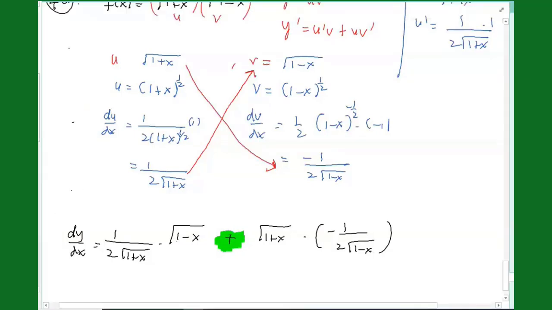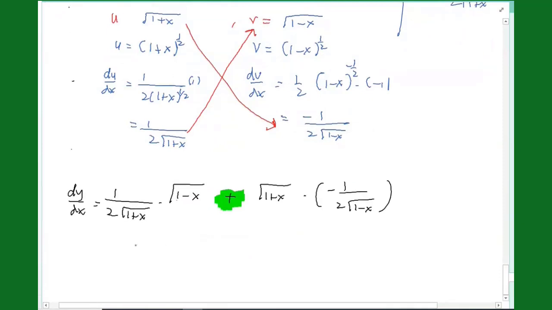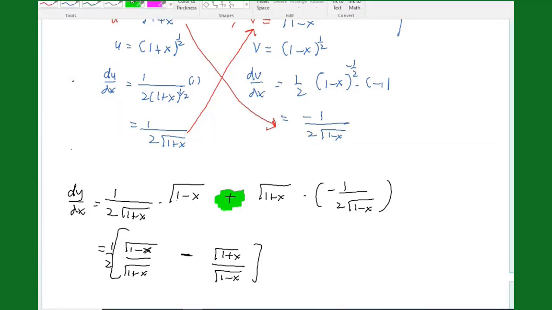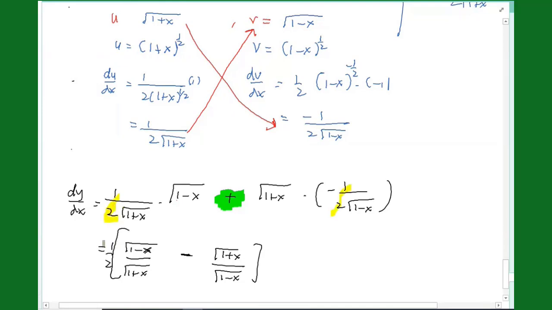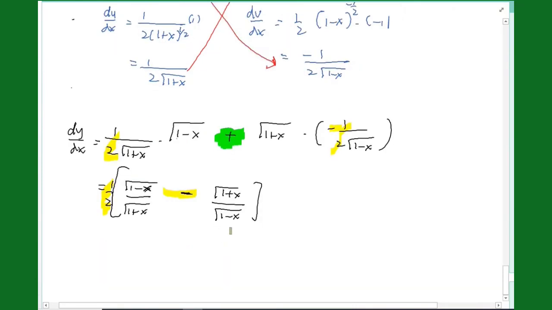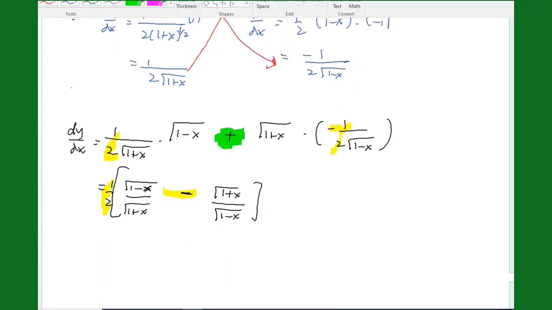And then this is square root of 1 minus x, take half, easy. 1 plus x, this one is negative, right, negative minus minus. Okay, 1 plus x square root of 1 minus x. This one is already taken. And actually you may leave the answer until this step, but continue.